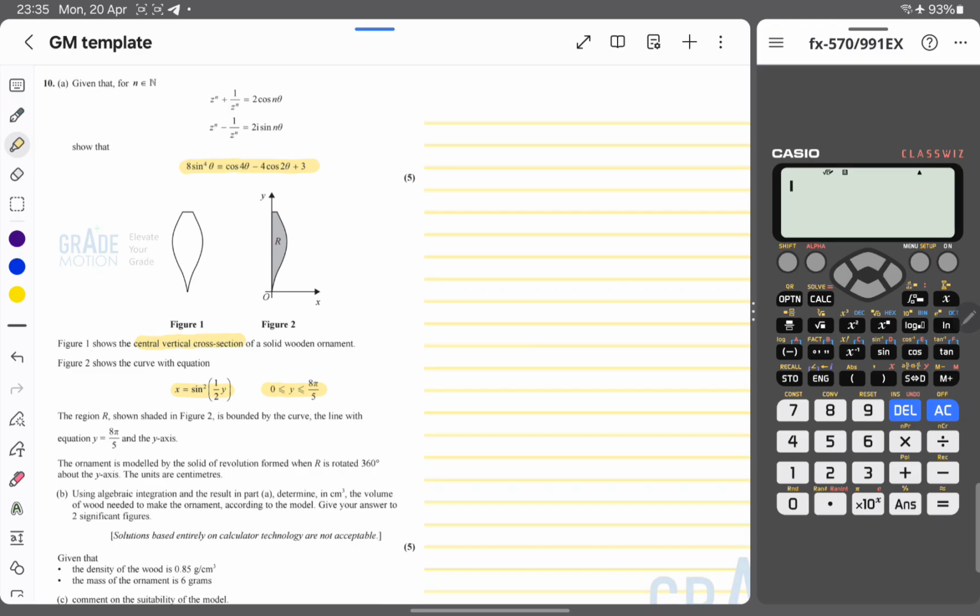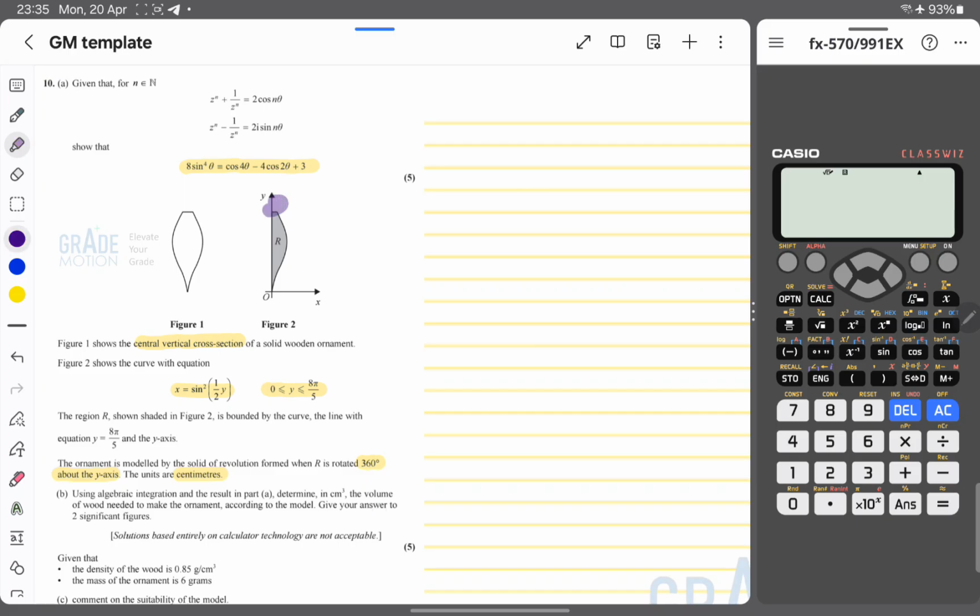The region R shown shaded in figure 2 is bounded by the curve, the line with the equation y equals 8 pi over 5 and the y-axis. The ornament is modeled by the solid of revolution formed when R is rotated 360 degrees about the y-axis. The units are in centimeters.